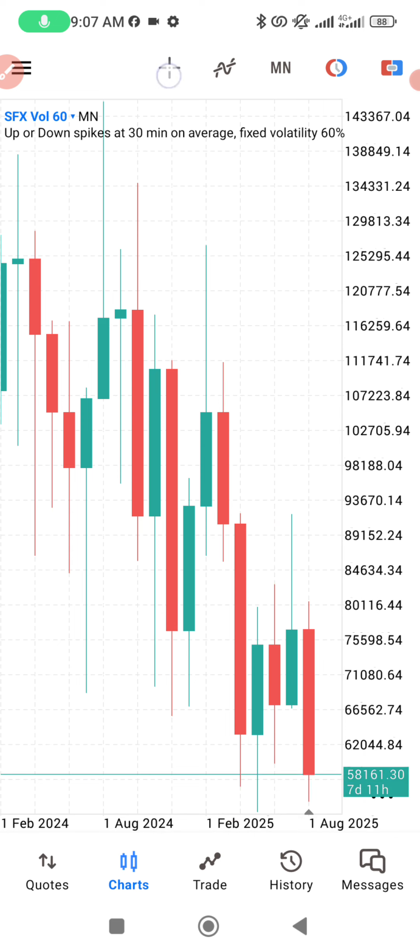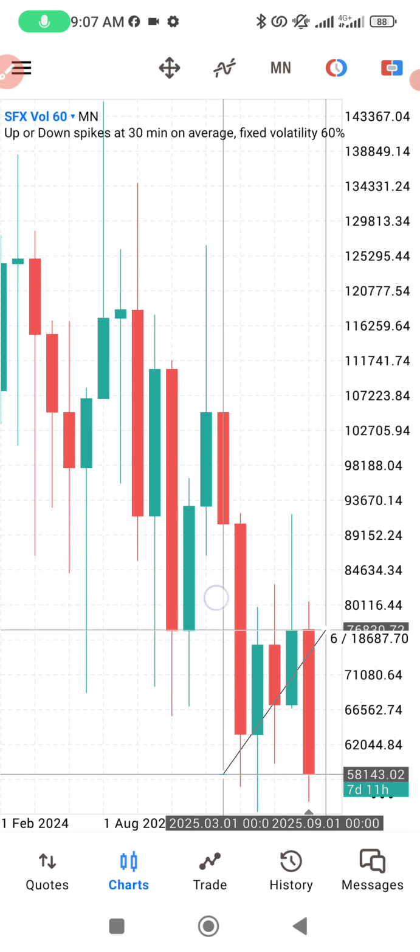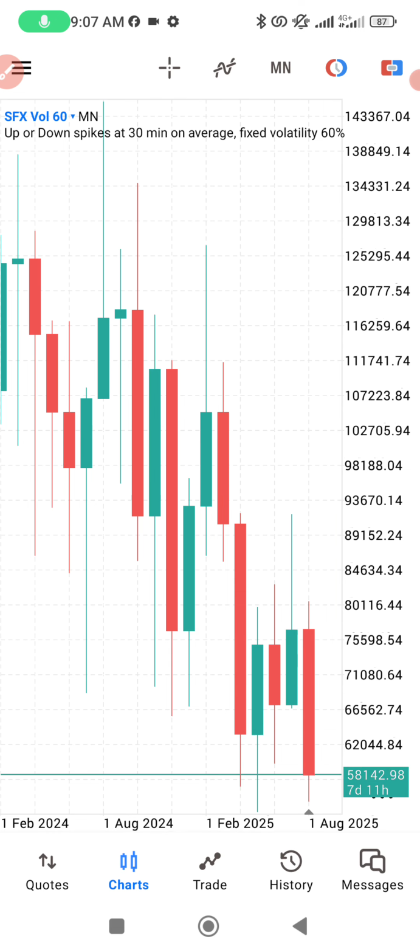Then you measure the body, and we have 18,687. 18,687 divided by 6,500 is almost close to 3. 2.87 is approximately equal to 3. So this shows that we can sell this market in the month. There are chances to sell this market if we are looking for a sell.